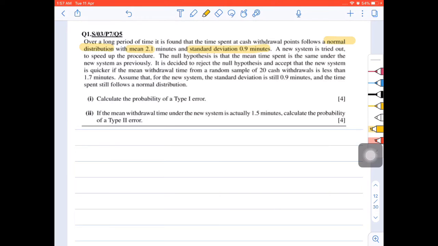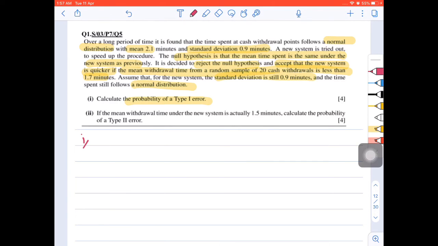The null hypothesis is that the mean time spent is the same under the new system as previously. It is decided to reject the null hypothesis and accept the new system is quicker if the mean withdrawal time from a random sample of 20 cash withdrawals is less than 1.7 minutes. Assume that for the new system the standard deviation is still 0.9 minutes and the time spent still follows the normal distribution. Calculate the probability of a type 1 error.